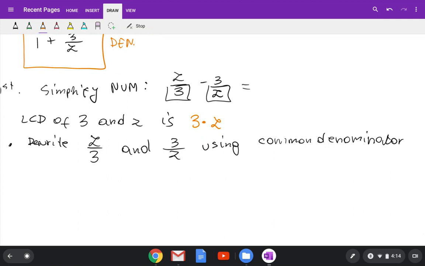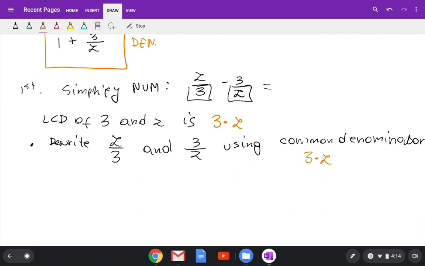Which is 3 times z. Okay, so z over 3, we need 3 times z as a common denominator, so we have 3 already. We need to multiply top and bottom by z.